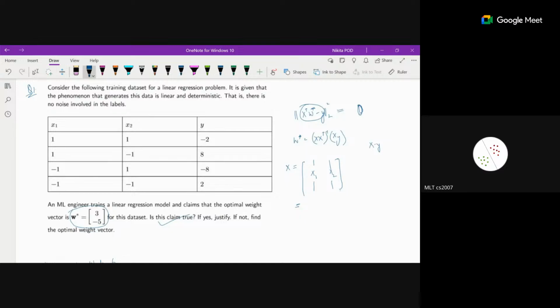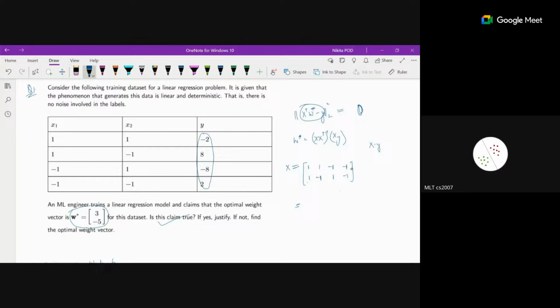This is 4 cross 1, so it should be 2 cross 4, correct? X1 and X2 are features here. No, here it is not like that. Here this is 4 cross 1. So you have here 1, 1, 1, minus 1, minus 1, 1, and minus 1, minus 1.